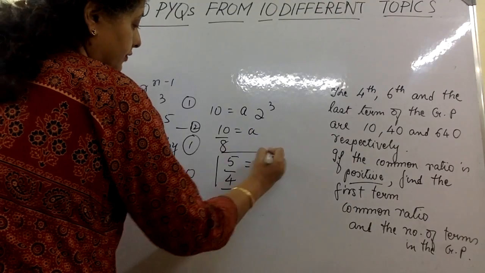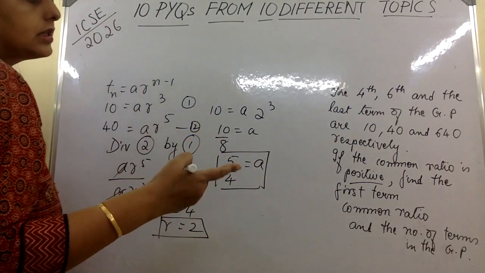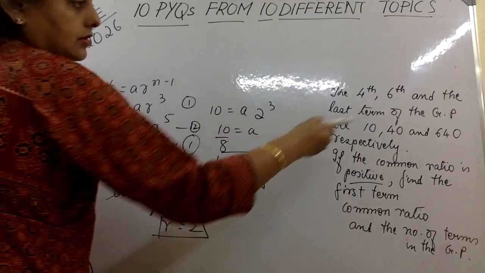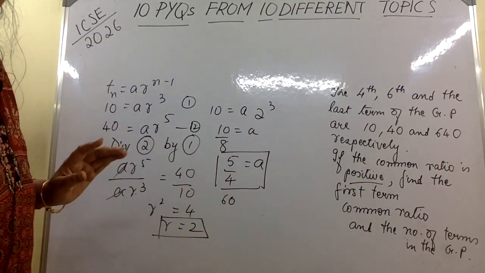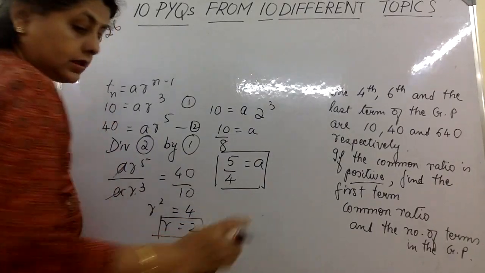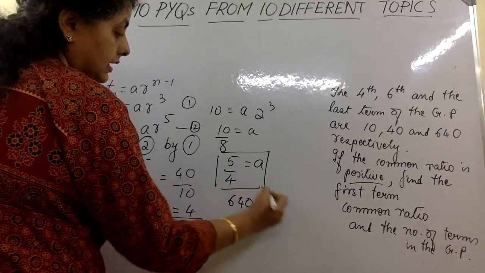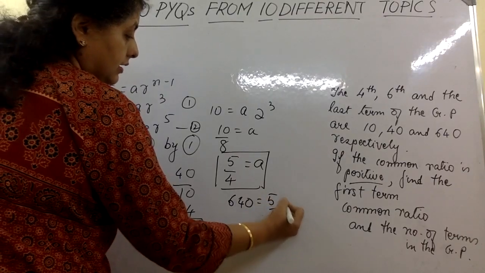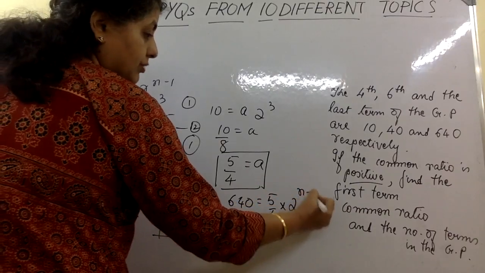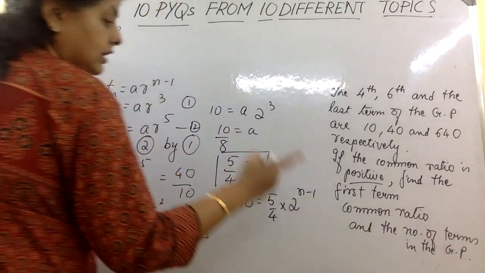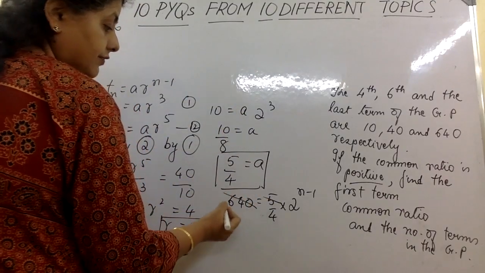So here we have one answer, here we have one answer. The next part is find the number of terms if the last term is 640. So 640, again in the same formula, a is 5 by 4 and r is 2, r to the power n minus 1, because they are asking for the number of terms, we have to find the value of n. So here what we can do is maybe cancel with the 5.